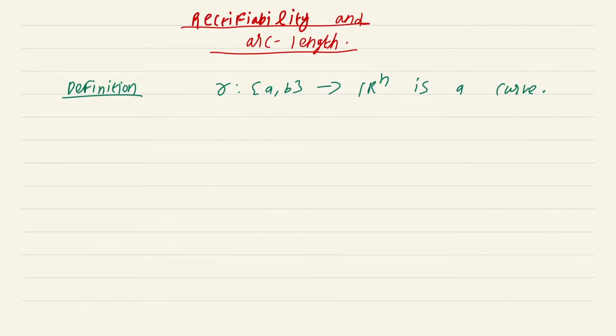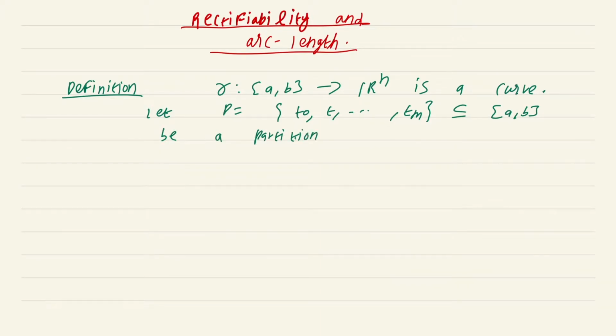What you do is the following. Let P equal to {t0, t1, ..., tm} subset of [a, b] be a partition, and as the notation suggests, we always take t0 to be a and t0 less than t1 less than t2 ... less than tm, which is equal to b. Exactly like how you defined the Riemann integral, you consider a partition and you order the points in increasing order.